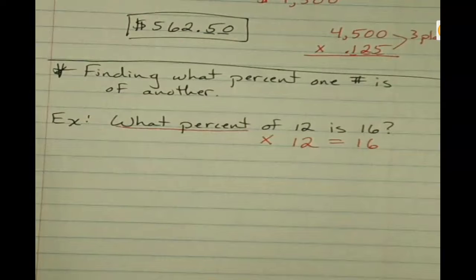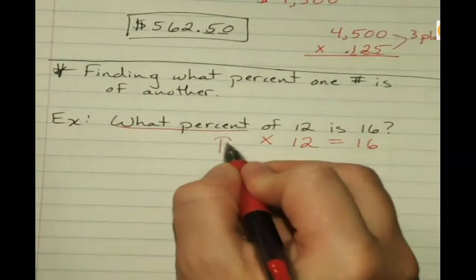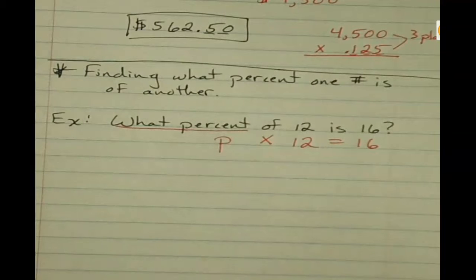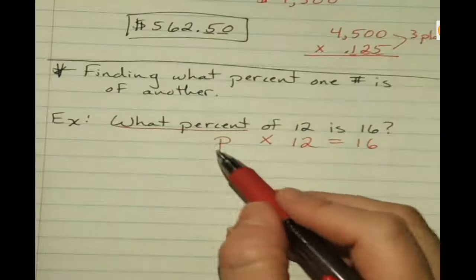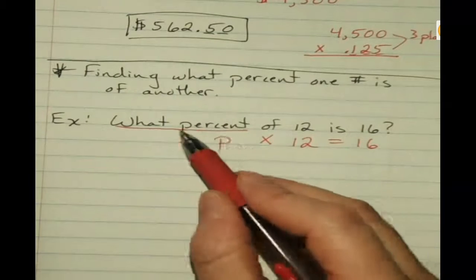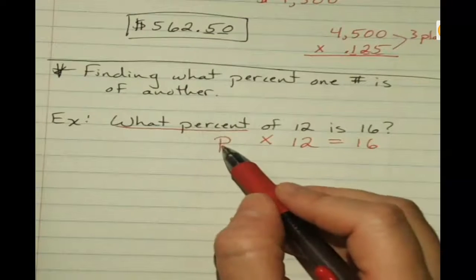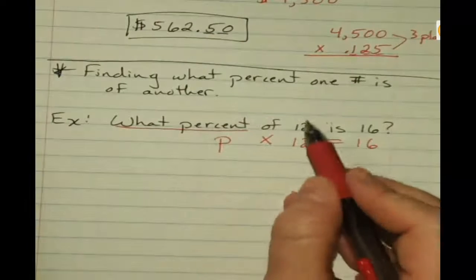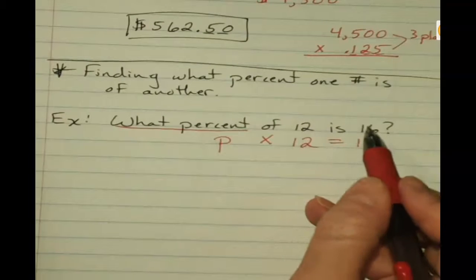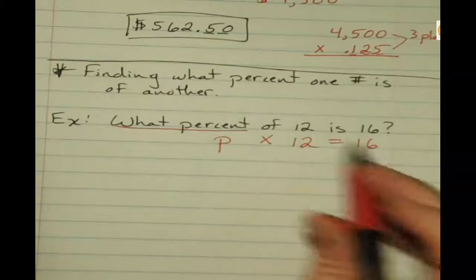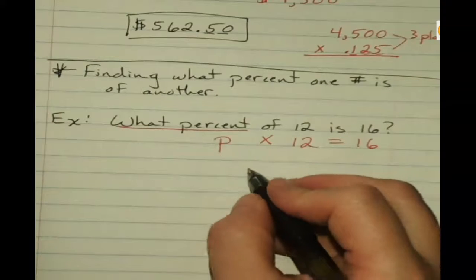No. So then I tell my students, call it P for percent. That's what we're missing. Look, there we have our equation. You just bring it underneath. What percent? Well, we don't know. That's what we're looking for, so we can just call it P. Of is multiplication, 12 equals 16. So what is P times 12? 12P.